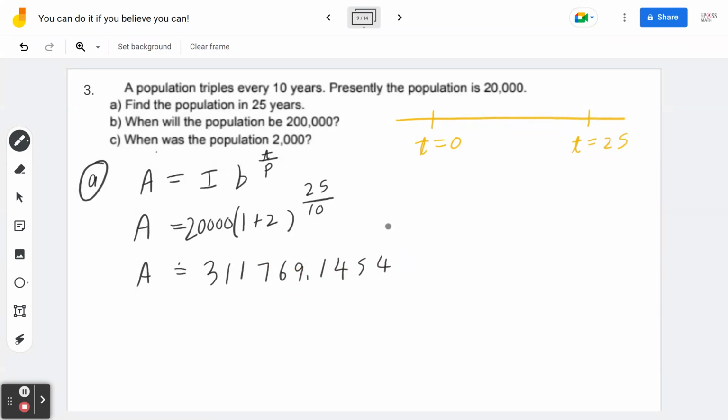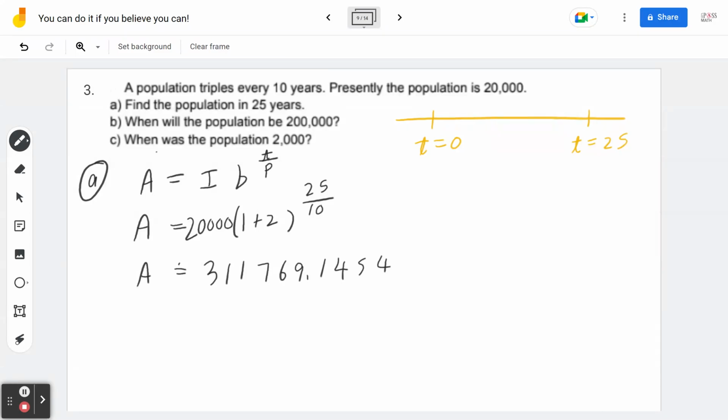Let me just double check the math here to make sure my numbers are correct. 3 to the power of 25 divided by 10 multiplied by 20,000. Yep, that looks right.